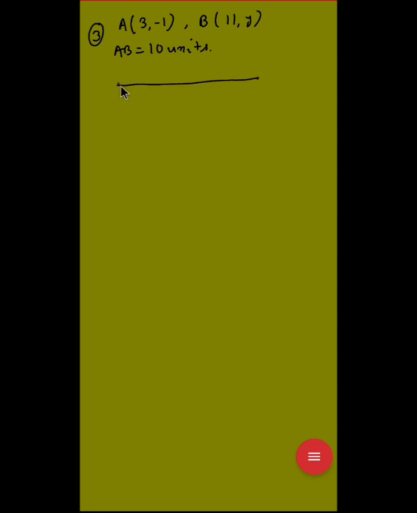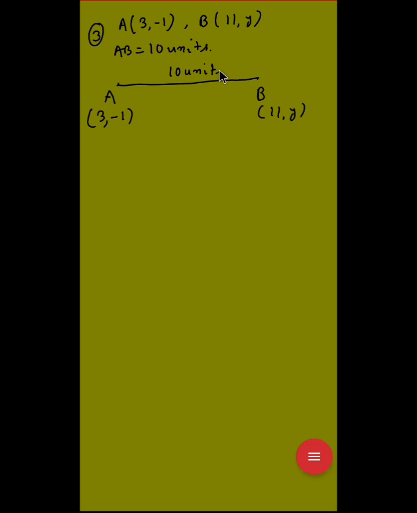I am drawing a line like this, AB. I have written A over here and B over here, and after that I am putting the values of the coordinates. A is given by 3 comma minus 1, and B is given by 11 comma y, and we are having AB as a distance of 10 unit.